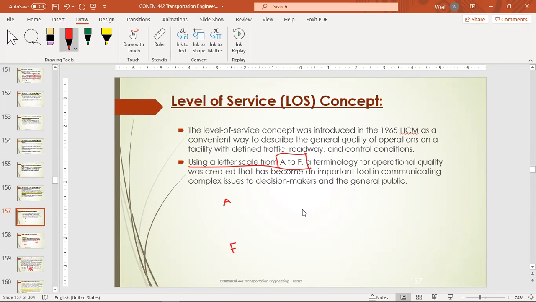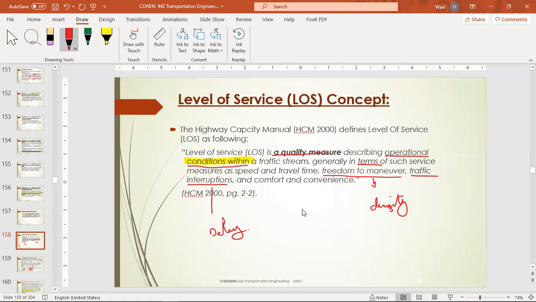It's a grading system from A to F, where, as we know, A is good and F is failing. So this terminology is easy for non-engineers to understand, for decision makers to make decisions, and for the general public also.